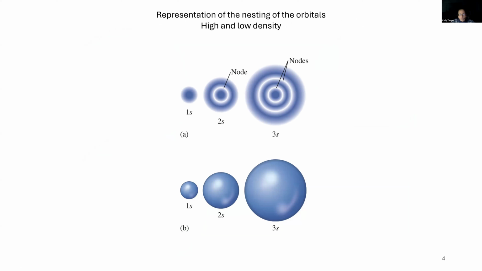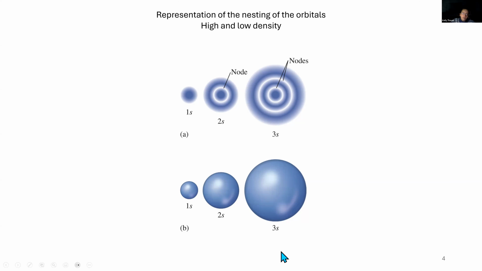So that's just for one orbital, but in fact, we might have multiple orbitals. So when we take a look at this, we need to consider the fact that there are 1s, 2s, and 3s orbitals going around. And so these, in fact, are inside of each other, right? So the 1s is smaller than the 2s, and the 3s is the largest of these three. And so each of these exists and has its own density profile.